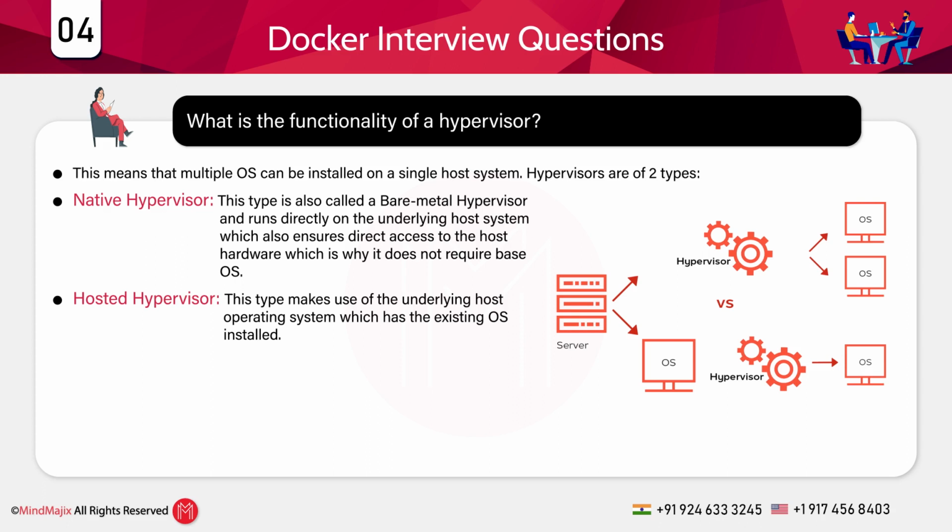Now understand the hosted hypervisor. This type makes use of the underlying host operating system which has the existing OS installed. So that's the difference between the native hypervisor and the hosted hypervisor.